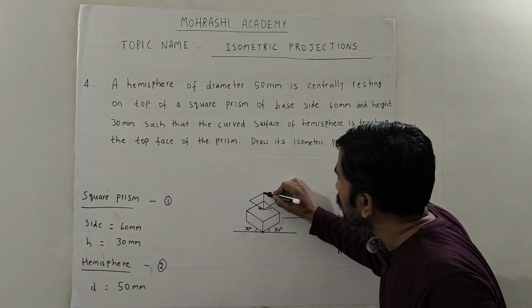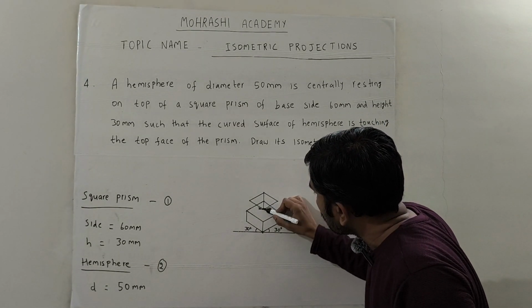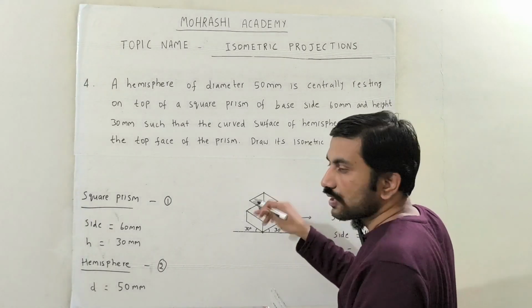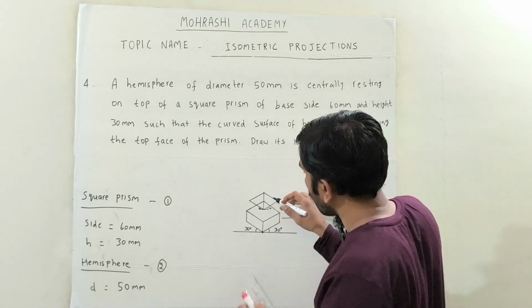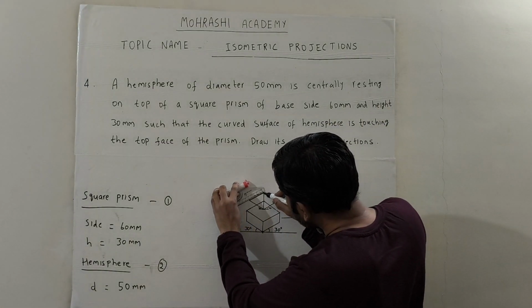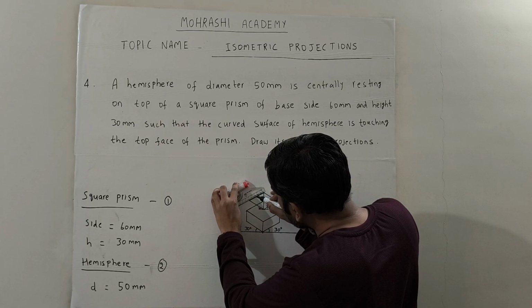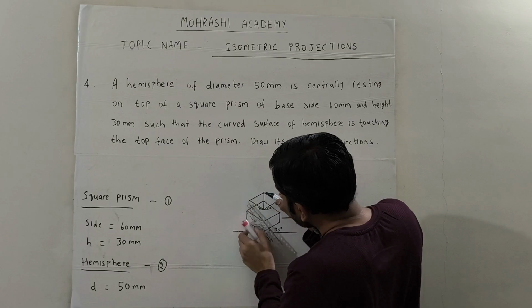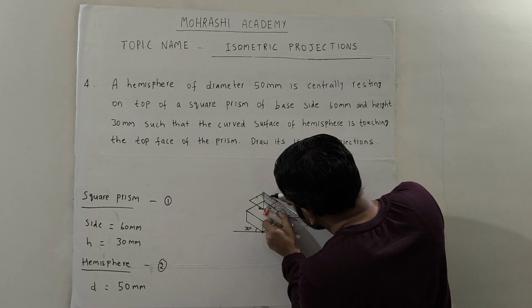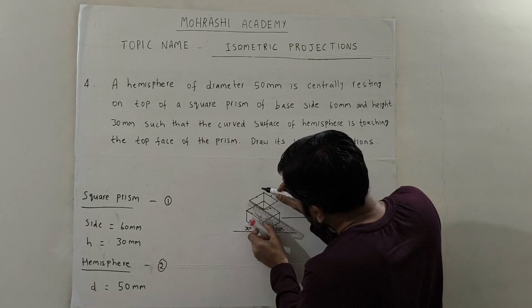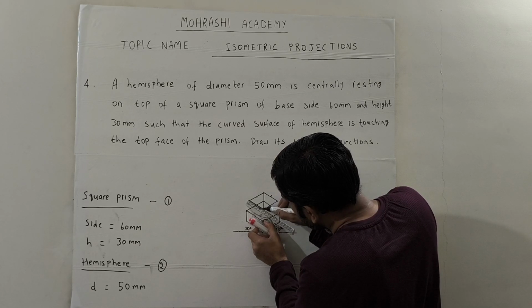See, from this corner, first I have to find out the center point of all these four lines, four boxes. Since it is 5 box, 50 mm means the center point is 25 mm. Again for this, 25 mm is the center point.